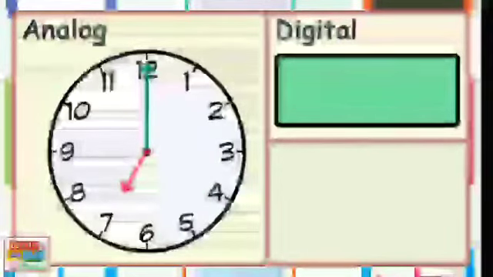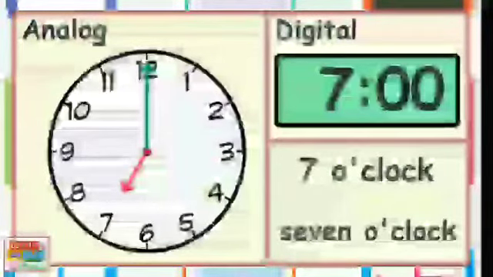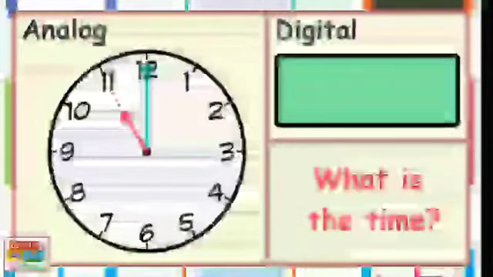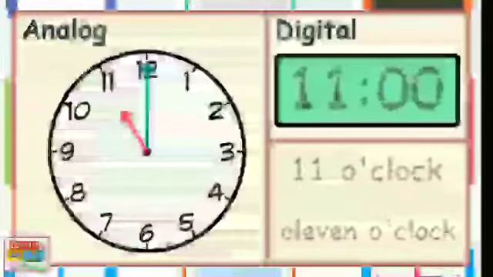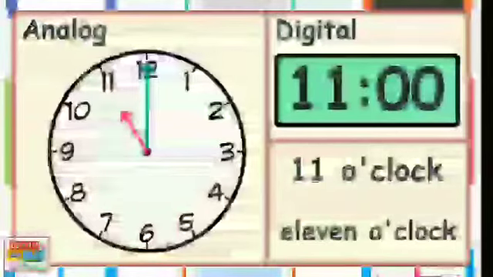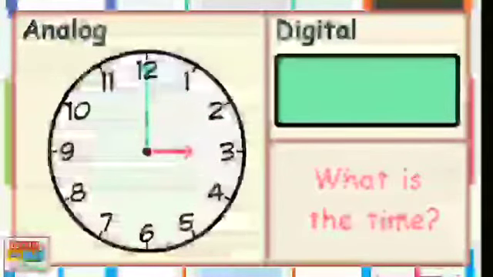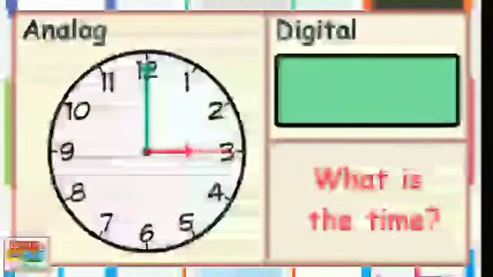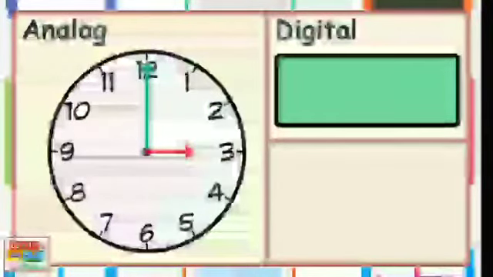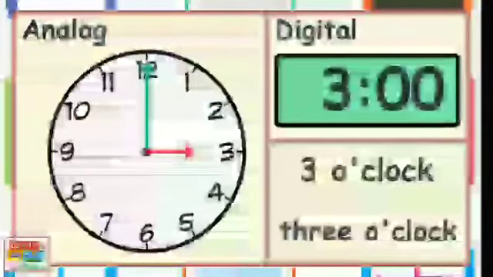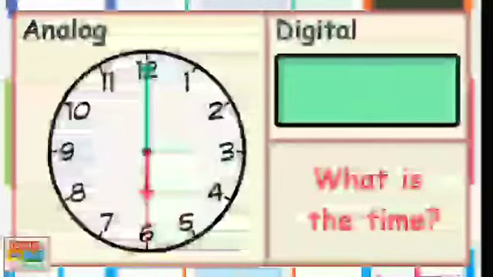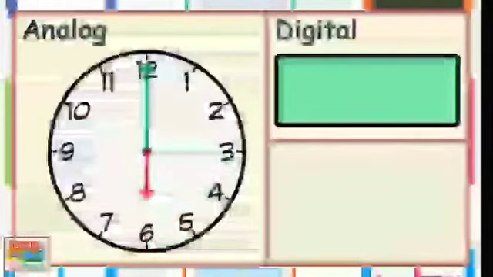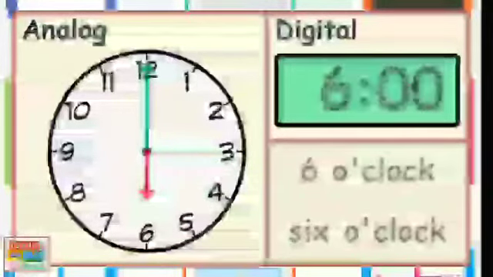The time is 7 o'clock. It is 11 o'clock. The time is 3 o'clock. It is 6 o'clock.